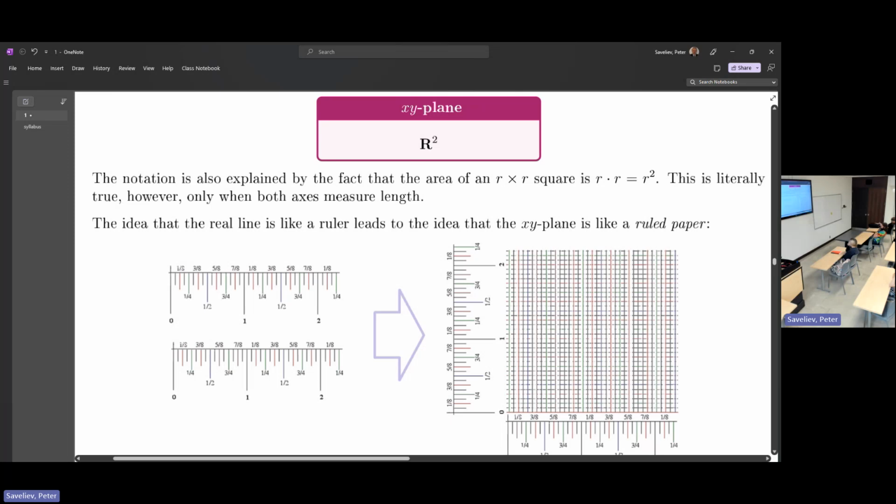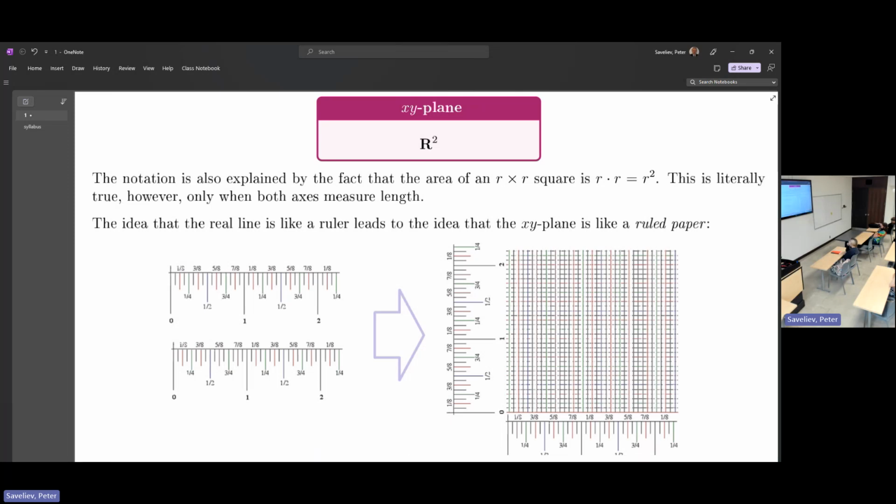So if you have a ruler, how do I produce a plane? You have two rulers, and then some engineering paper. If anybody has seen it, this engineering paper actually exists, the one on the right, which is basically made of two rulers or measuring tapes, and then the vertical and horizontal lines added together, and then you end up with this grid.